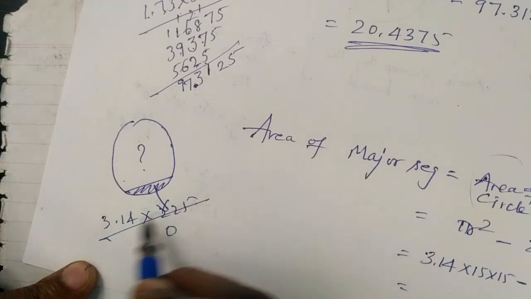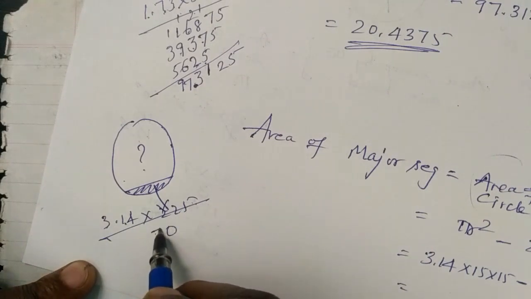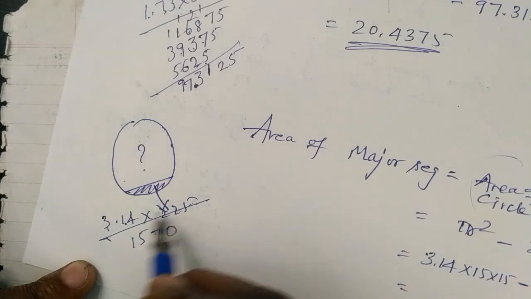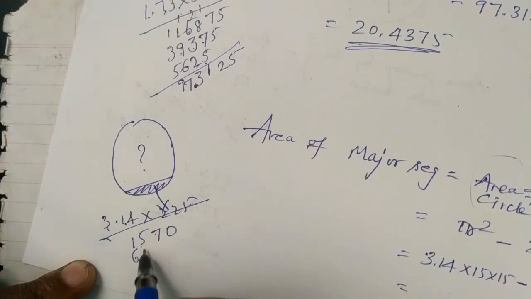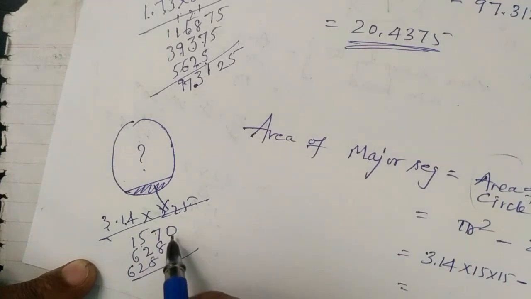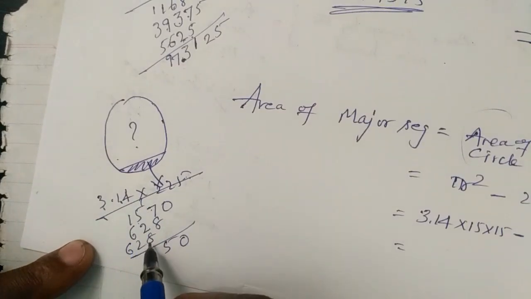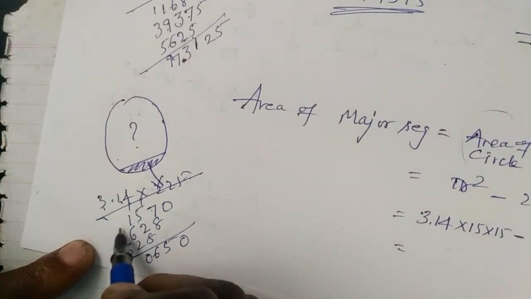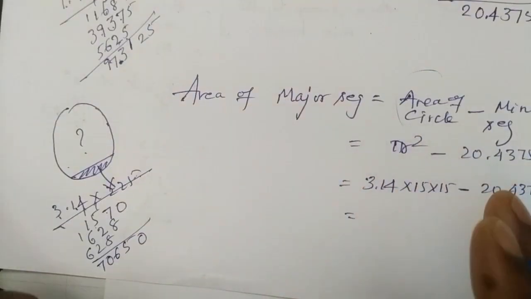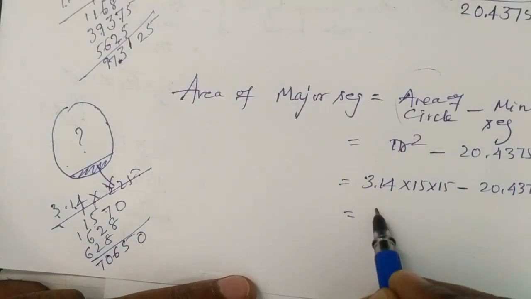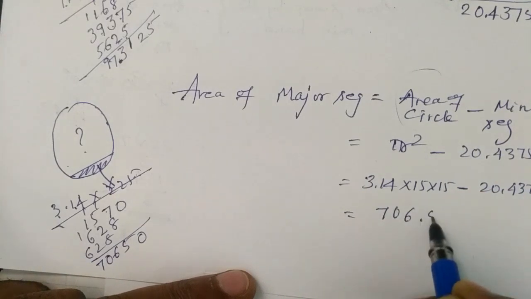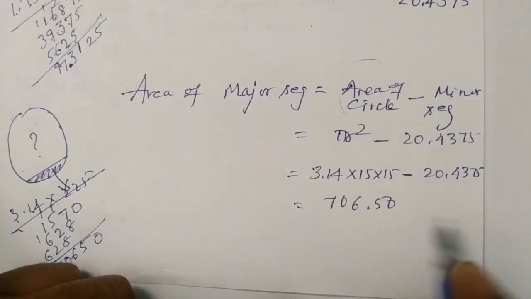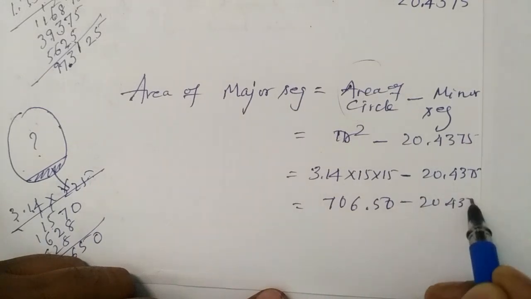5 4s are 20, 5 1s are 5, 7, 5 3s are 15, 2. 628, 628, again 628. So we get 0 here, 15, 1 carry, 10, 16, again 1 carry, 8 plus 10, again 1 carry, 7. We'll get 706.50. Now 706.50 minus 20.4375.